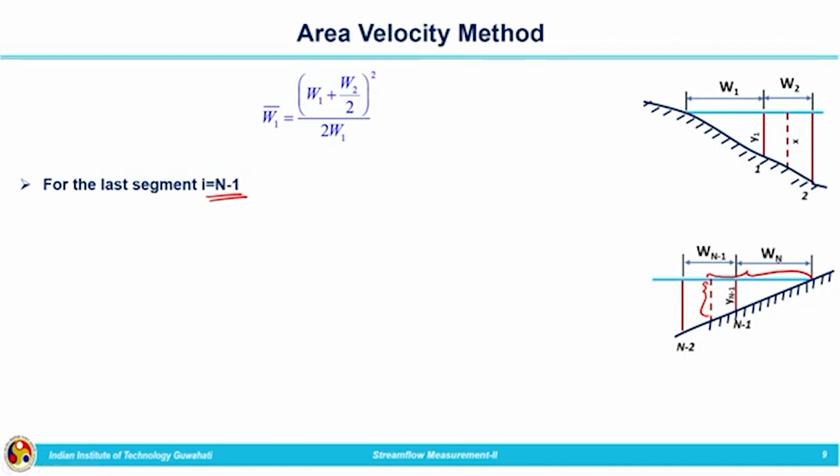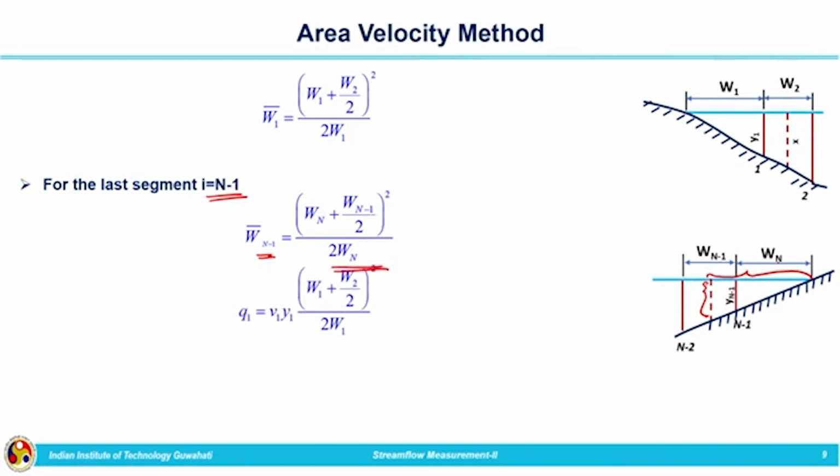So, we calculate it using similar triangles, written as Wn minus 1 bar is equal to (Wn plus Wn minus 1 by 2) all square divided by 2 Wn. And the discharge through these triangular sections can be written as Q1 is equal to V1 Y1 (W1 plus W2 by 2) all square divided by 2 W1.